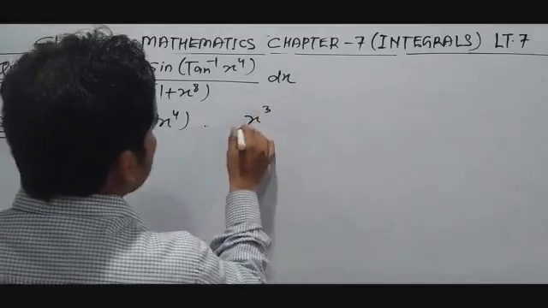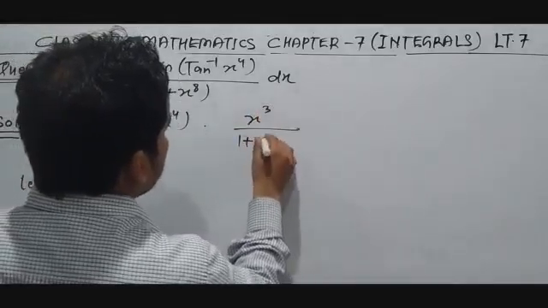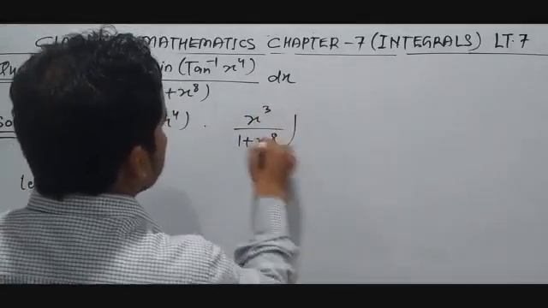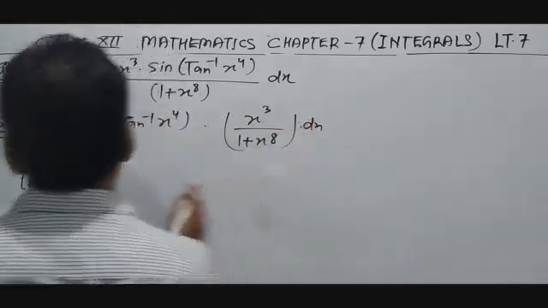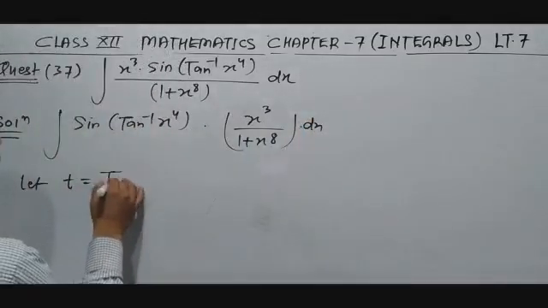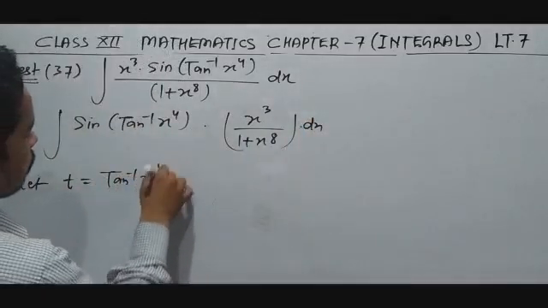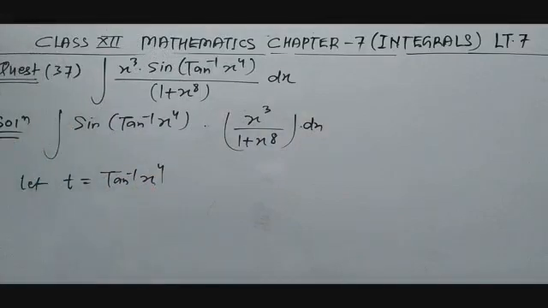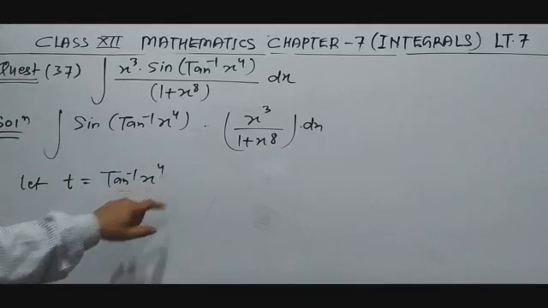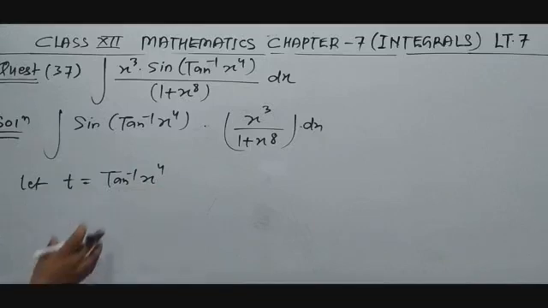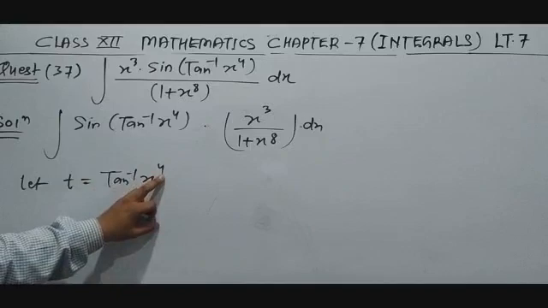The function x cube upon 1 plus x to the power 8 dx cannot be attached with tan inverse x to the power 4, so which function I have considered, tan inverse x to the power 4, that is t. First of all we have to differentiate, and this differentiation can be done by using the chain rule.